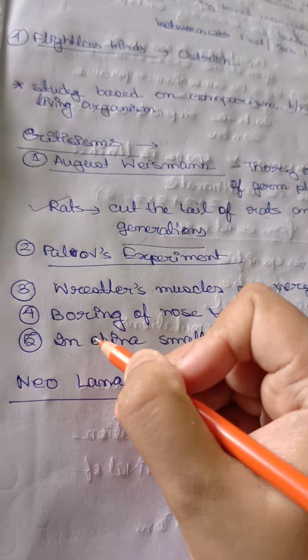One of the famous objections to Lamarck's theory came from the German biologist August Weismann. I told you about that experiment; the China experiment I will tell you later.